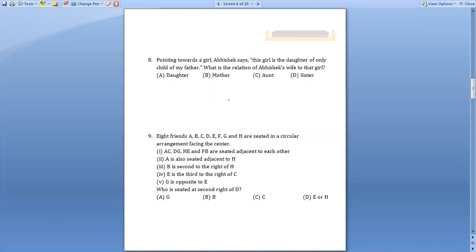My father's only child is me. So Abhishek's father's only child is Abhishek himself, and Abhishek's daughter is that girl. So this girl whom he is referring to is Abhishek's daughter.